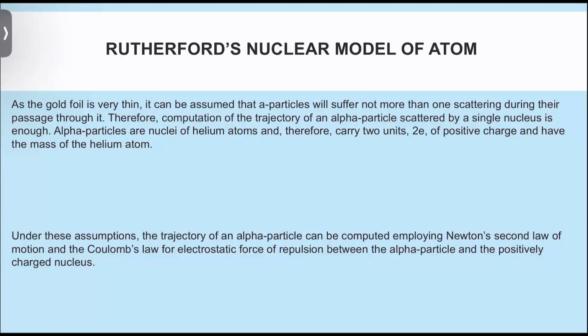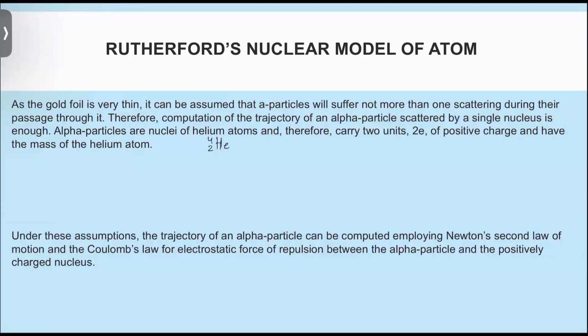Alpha particles are actually nuclei of helium atoms. So for a helium atom, you have He, 4 2. It has two electrons, two protons, and the protons and electrons are equal in number, and it also has two neutrons.